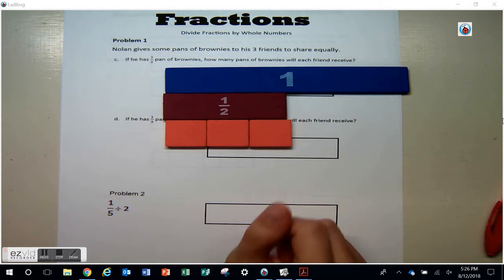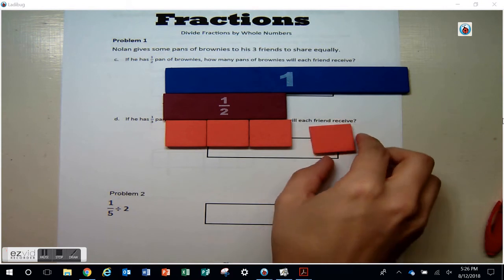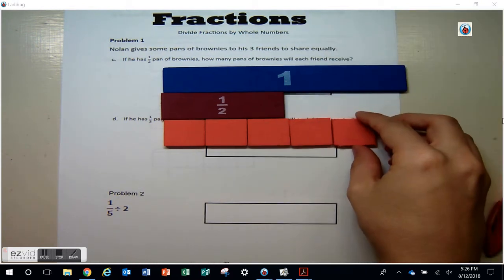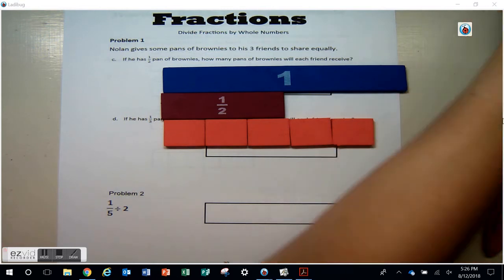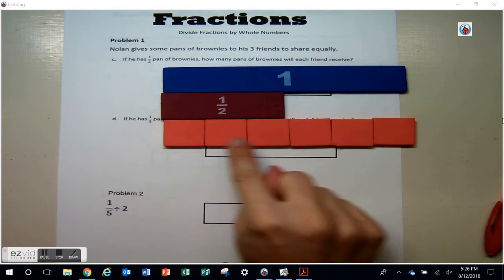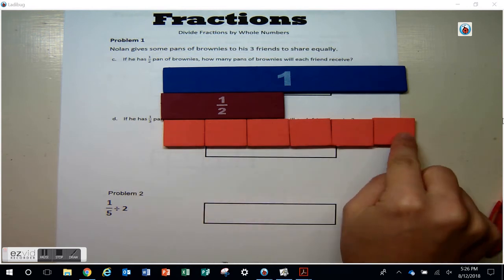Well, for me to be able to do that, I would need to look at how many pieces make up the whole pan. Well, how many pieces make up the whole pan? 1, 2, 3, 4, 5, 6.